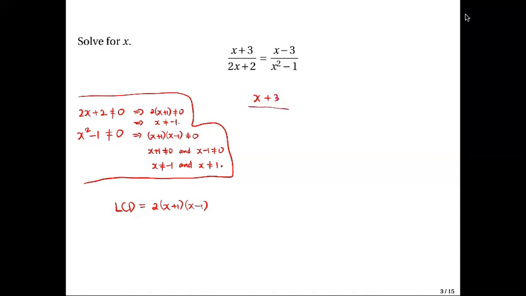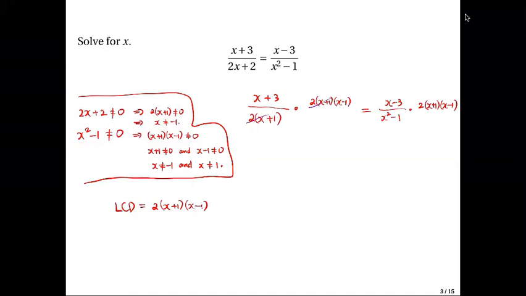So you have here x plus 3 over 2 times x plus 1, and you multiply this by 2 times x plus 1, x minus 1. This is equal to x minus 3 over x squared minus 1, and you multiply this by 2 times x plus 1, x minus 1. On the left-hand side, we'll be able to cancel 2 times x plus 1.